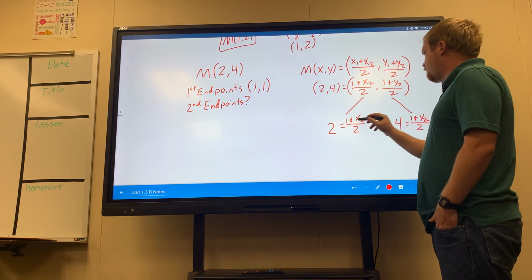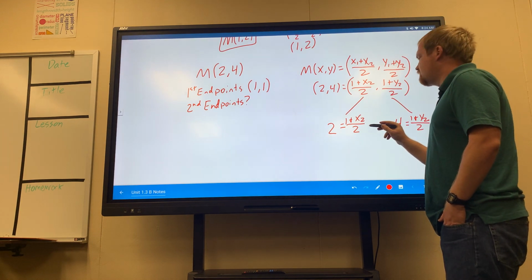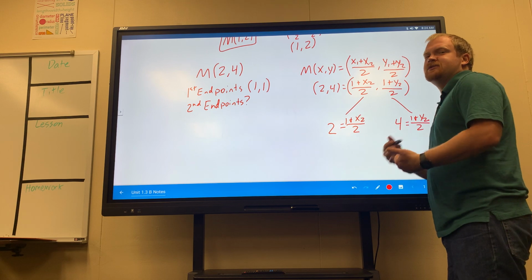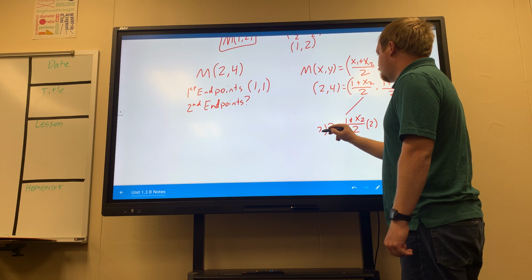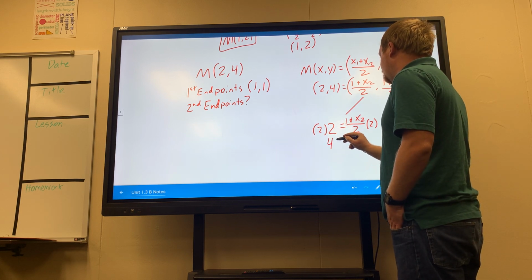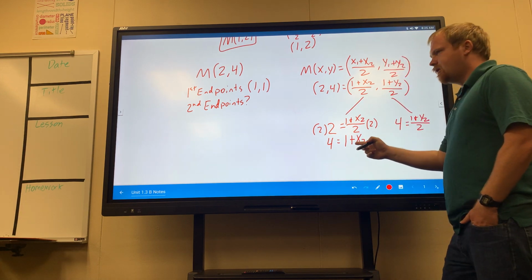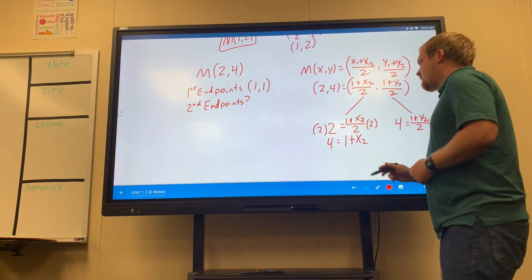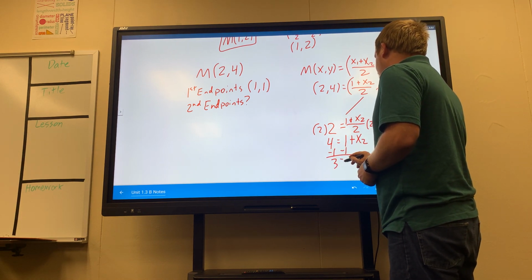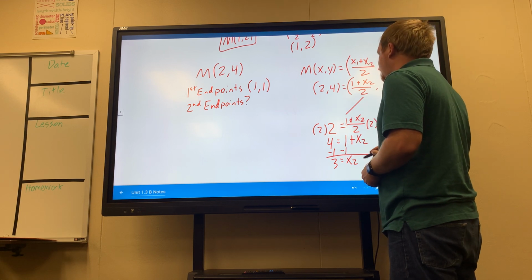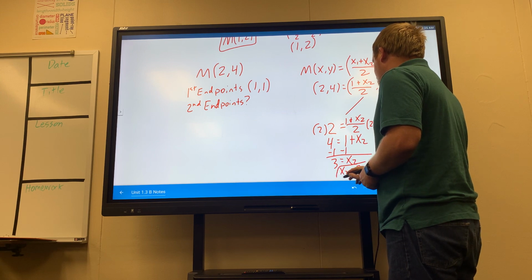It's dividing first, so I gotta get rid of the division. The inverse of division, remember, is multiplication. So I want to multiply 2 to both sides. 2 times 2 is 4 equals 1 plus x2. In order to get rid of addition, I got to subtract. So I want to subtract 1 from both sides. 3 equals x2. So x2 is equal to 3.